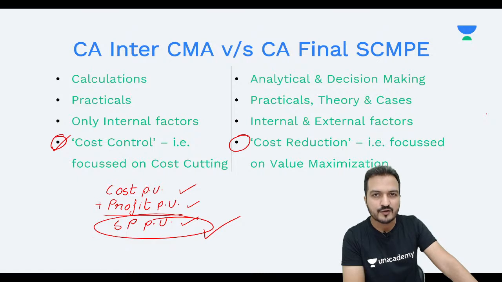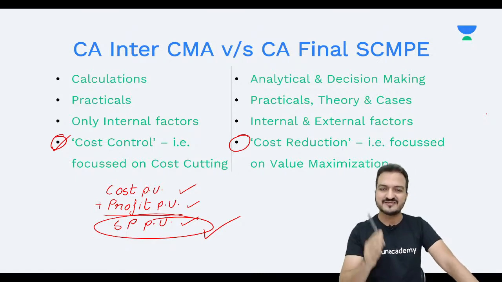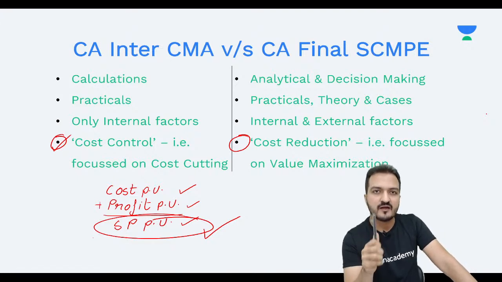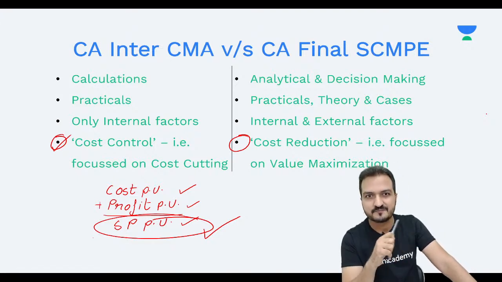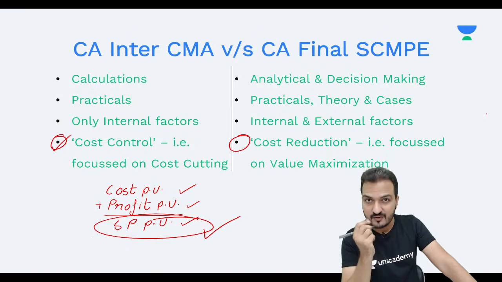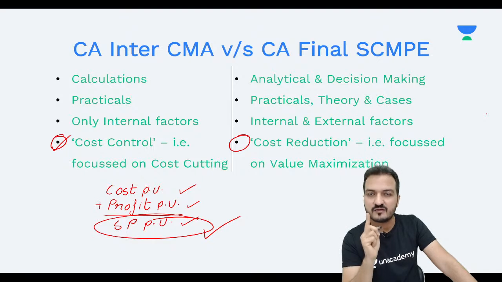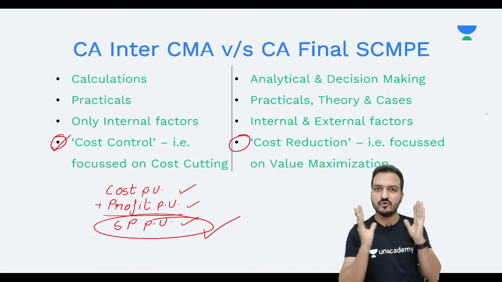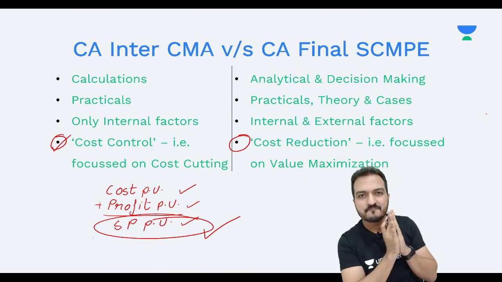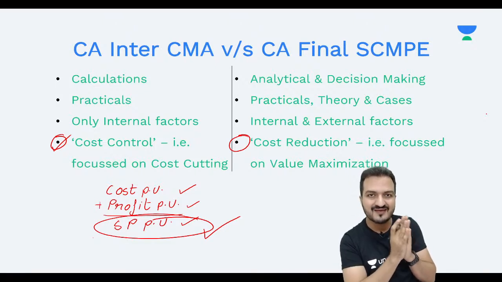Yes, anyone? Come on. Acha, tell me which chapter in your CA inter level was regarding cost control or cost reduction? Can you at least tell me that? There you had one chapter in your CA intermediate course that was directly, precisely about cost control. I'll give you more hint. That chapter was helping the company in controlling their cost.